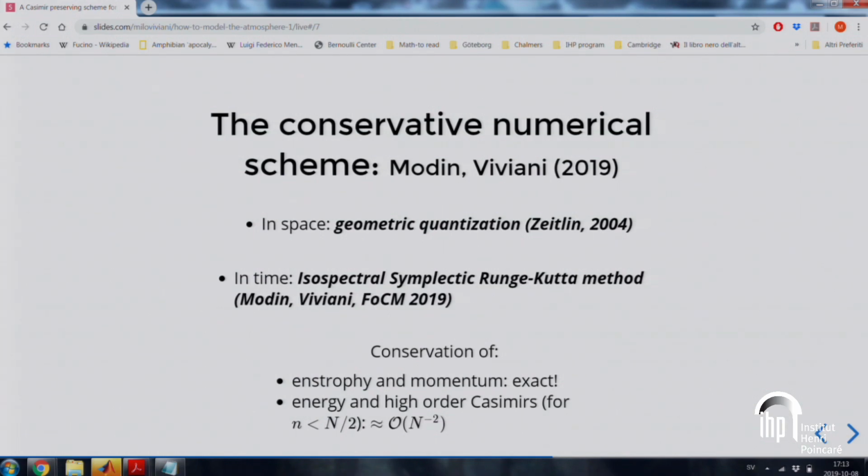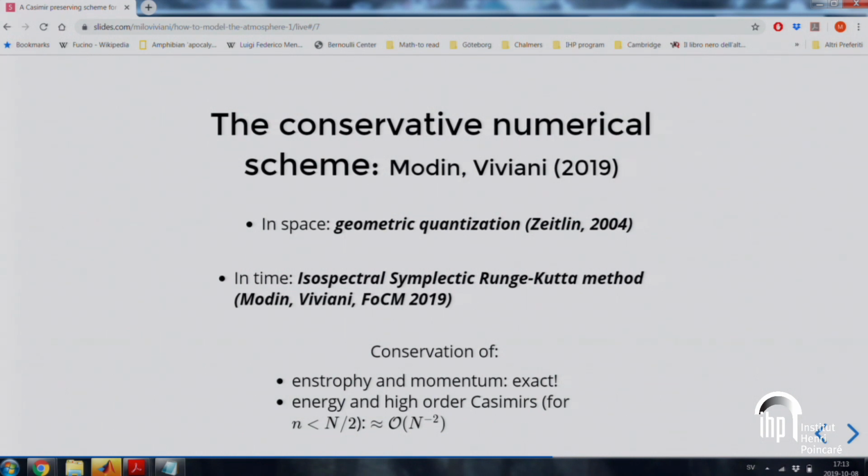It's a purely numerical result. But when applied to the model proposed by Zeitlin, the entropy and the momentum are exactly conserved as first integrals, and the energy and the high-order Casimirs are conserved, at least for small n.